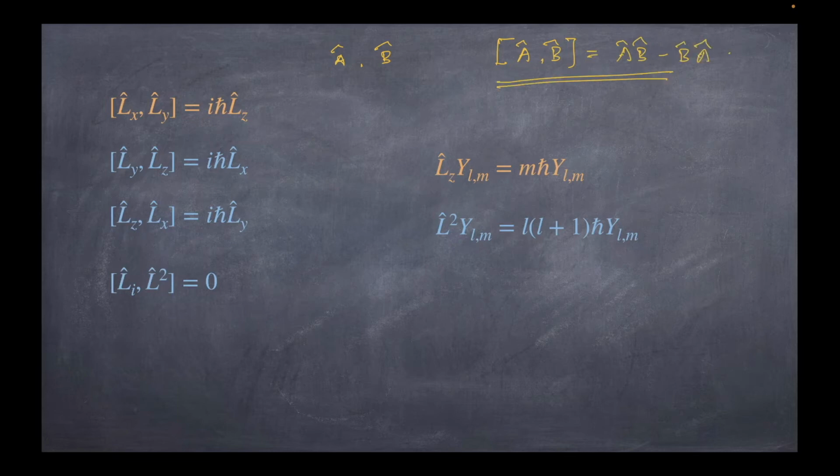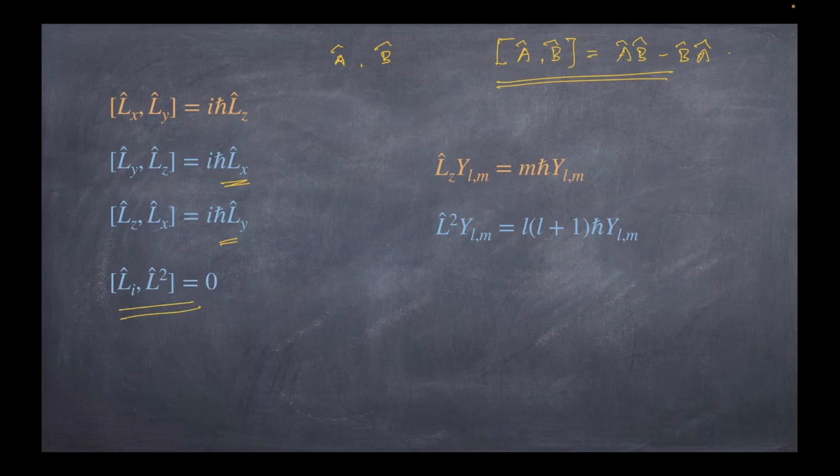The commutation relationship between the x component and the y component of angular momentum is equal to i h bar times the z component. Similarly, the Ly Lz commutator is i h bar Lx, and the Lz Lx commutator equals i h bar Ly. And the commutation relationship between any component of angular momentum, Lx, Ly or Lz, and L square, the square of total angular momentum, is 0.